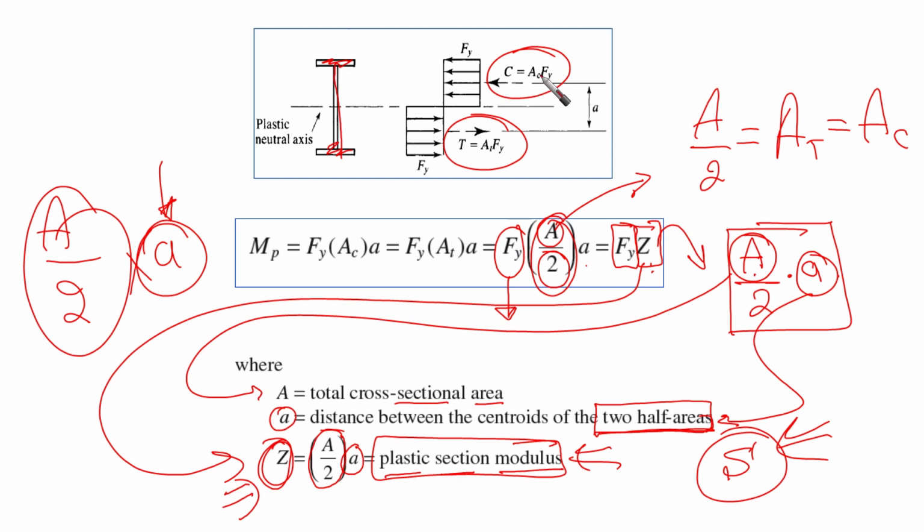The distance between the centroids of the upper and lower halves multiplied by one of the forces, whether it's tension or compression, is going to provide for us the plastic moment. And our plastic section modulus is half of the area times the centroidal distance between the upper and lower halves.